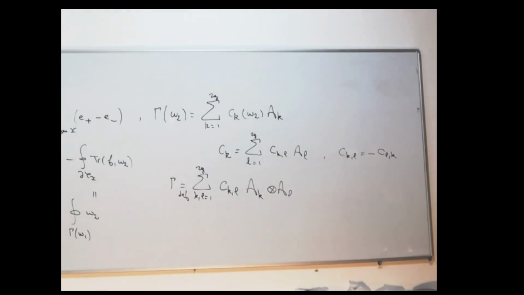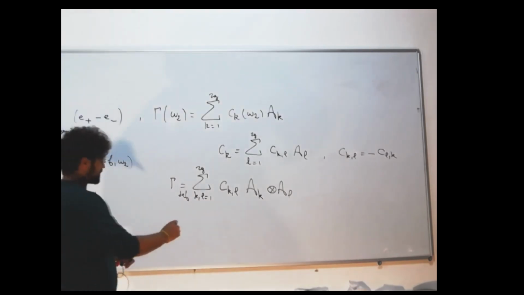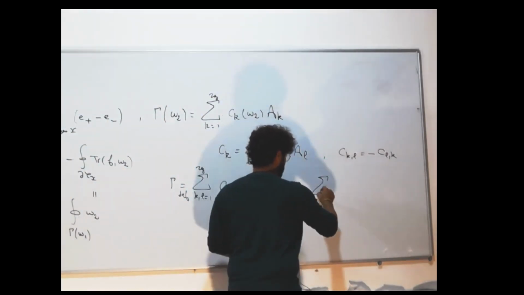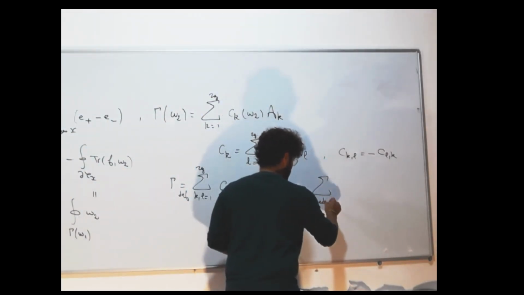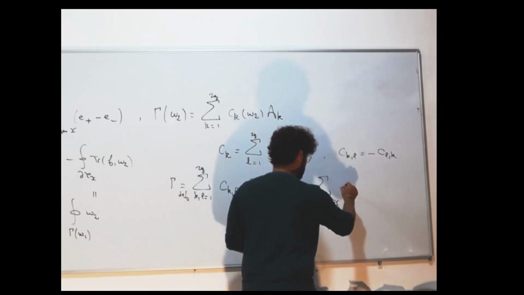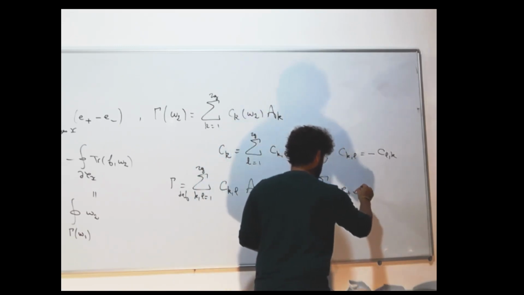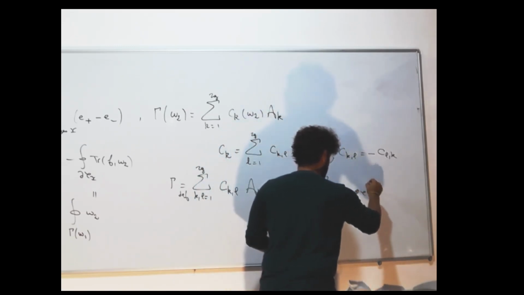And this we can write as the sum of E plus CR the edges gamma E plus tensor EI.